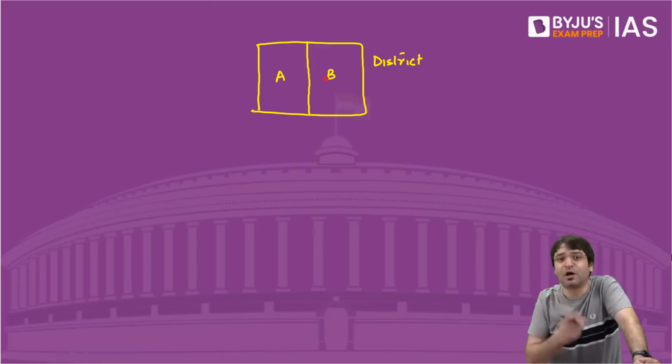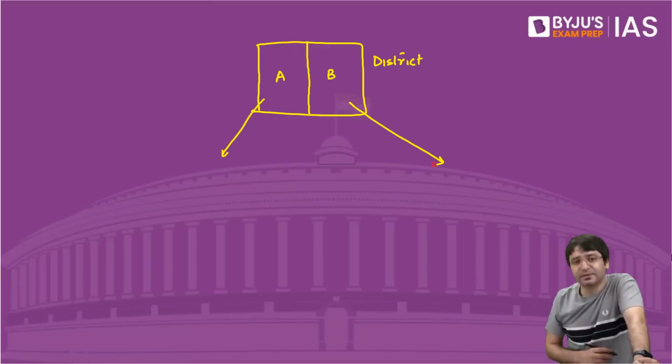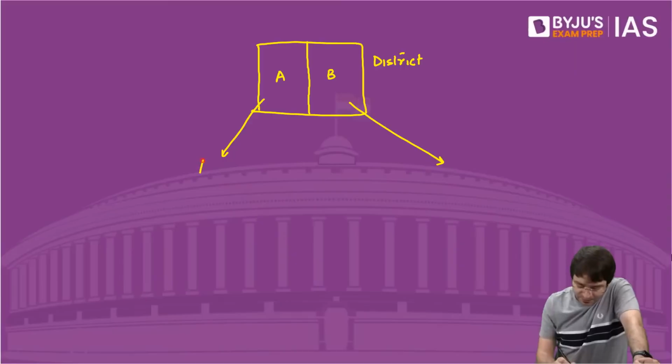But what if it is not? Then A and B areas are converted into autonomous regions.